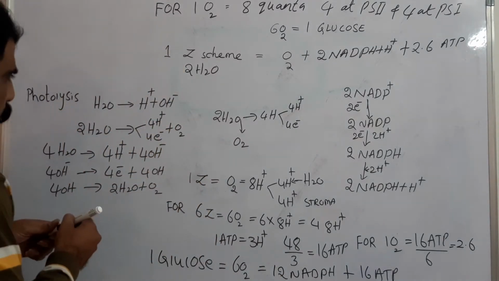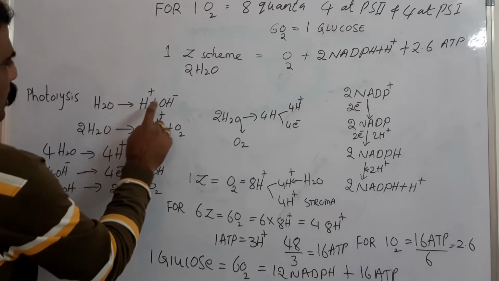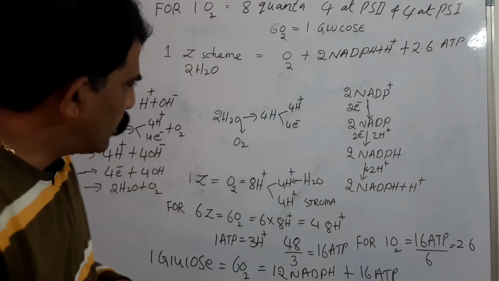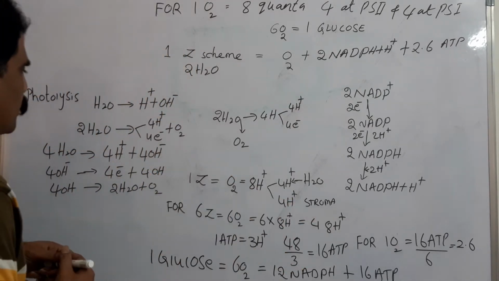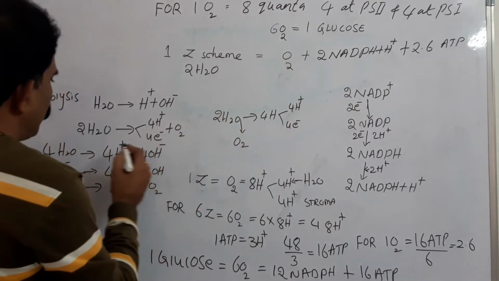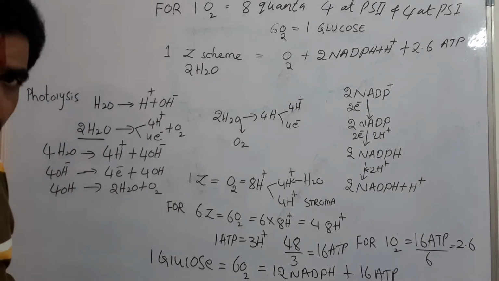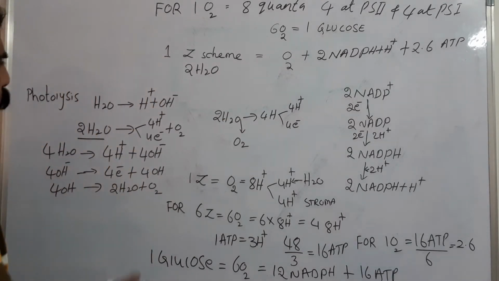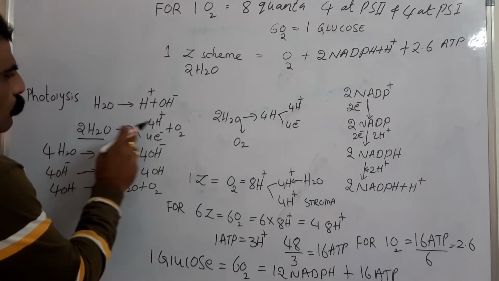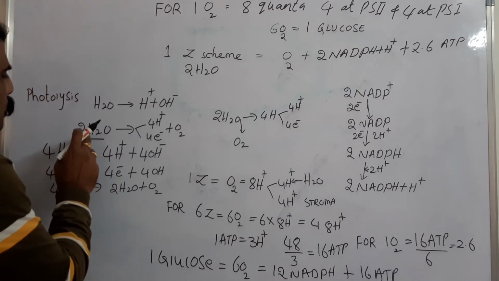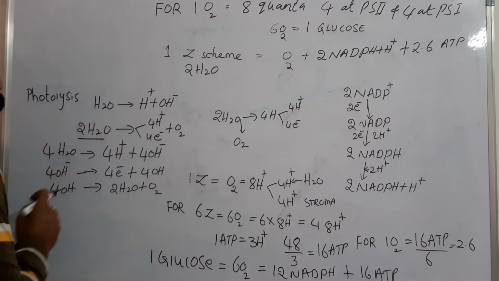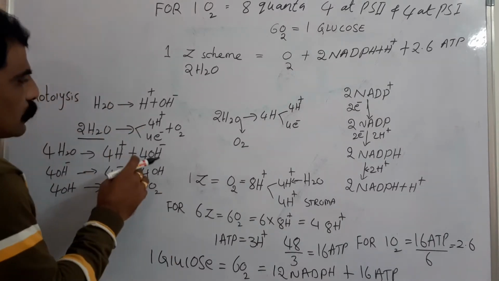When a water molecule undergoes photolysis, H2O results in the formation of H plus and OH minus. It undergoes ionization. 2 ions are formed, H plus ions, OH minus ions. Actually, it is represented like that. But actually, what happens? To evolve oxygen, we need 2 water molecules. When 2 water molecules undergo photolysis, that results in the formation of 1 molecule of oxygen. 2H2O gives 2O, O2 released, and 2H2, that is 4H.